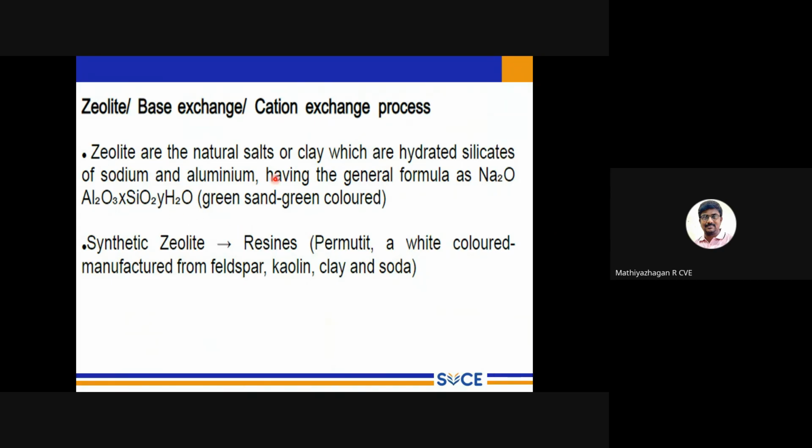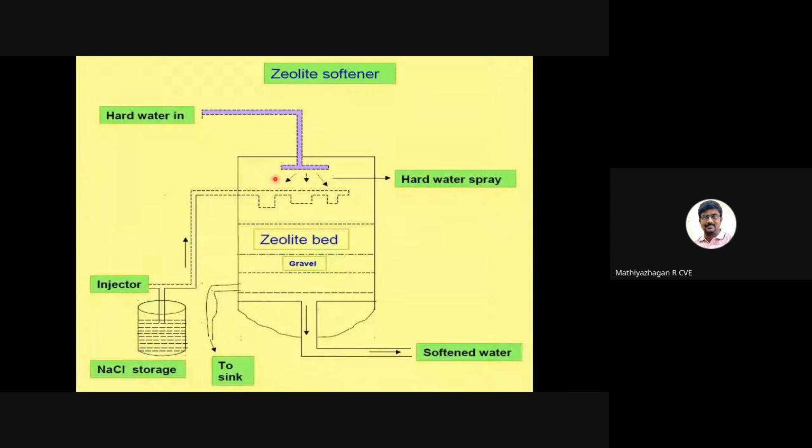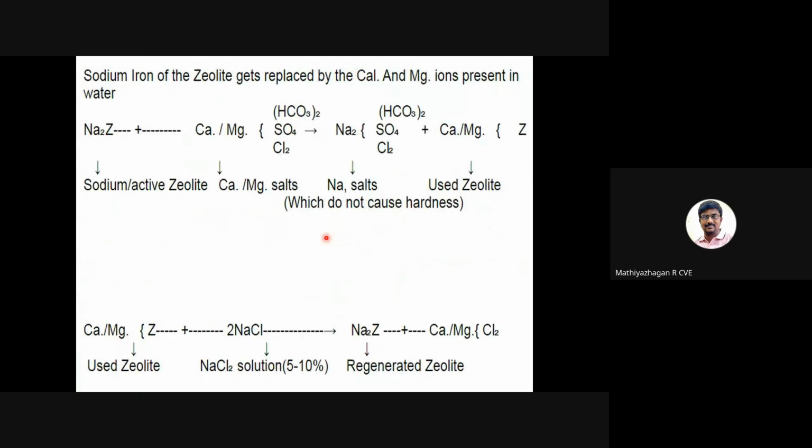We can use this zeolite as a filter bed, like in this picture. This is a zeolite bed supported by a gravel layer, like our pressure sand filter. We introduce hard water from the top, and in this bed there is sodium zeolite.